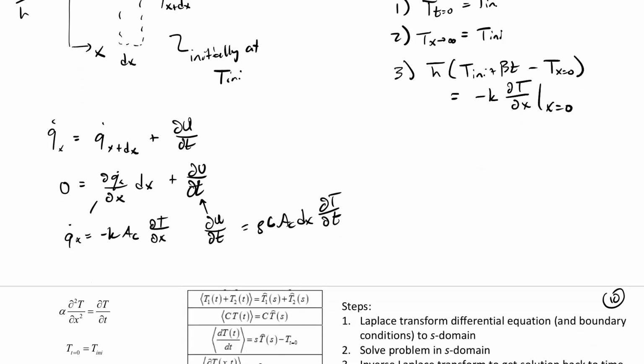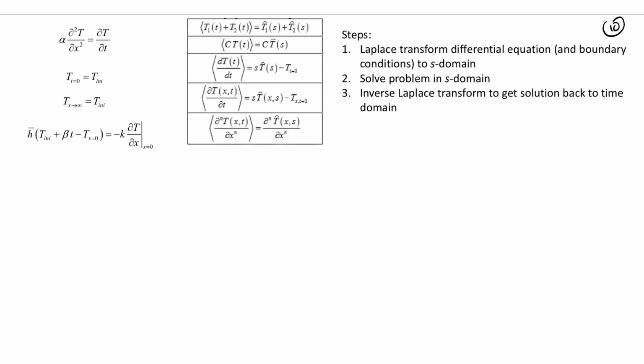Okay, so here's our mathematical statement of the problem, and then the task is to transform this into the S domain. Okay, so we can go through and do that. It's a little different for 1D right now, because before we just had things where it's derivatives with respect to time. Now we have derivatives with respect to X as well. We have to worry about that.